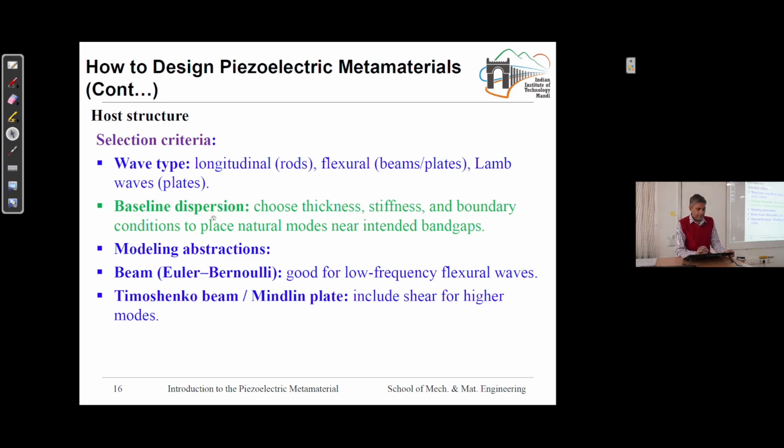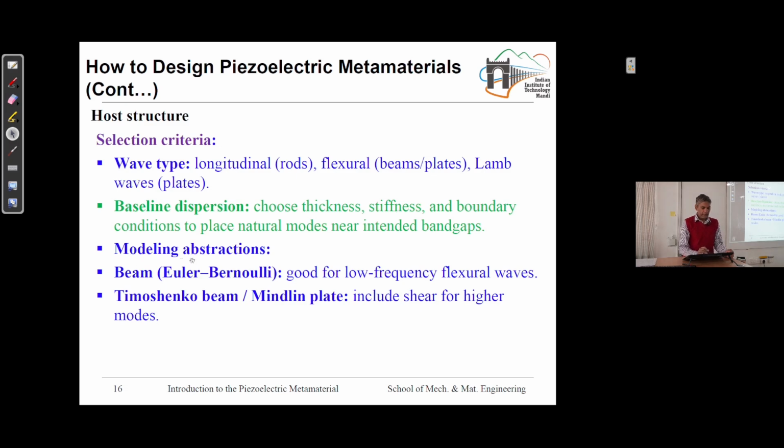The baseline dispersion means the relationship between frequency and wave number, and this is decided based on the thickness, stiffness, and boundary conditions to place the natural mode near the intended band gaps. We will discuss this in the second lecture.